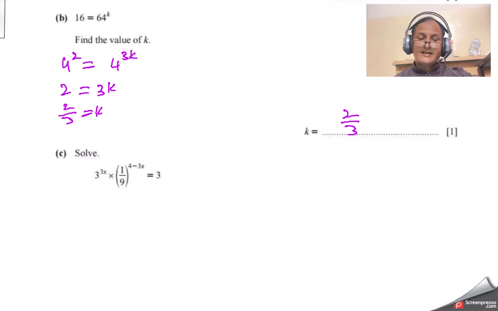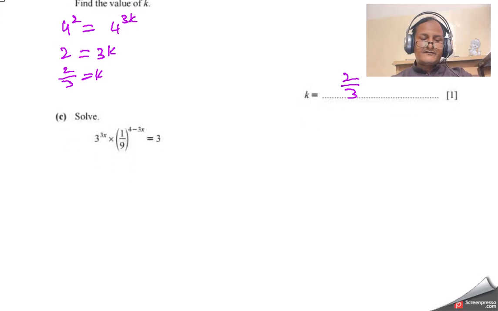Okay, then we have another question. We have 3 to the power 3x times 3 to the power minus 2, because 3 squared is 9, and when we put it upside down in the numerator, its sign will change. Hope you got this point.